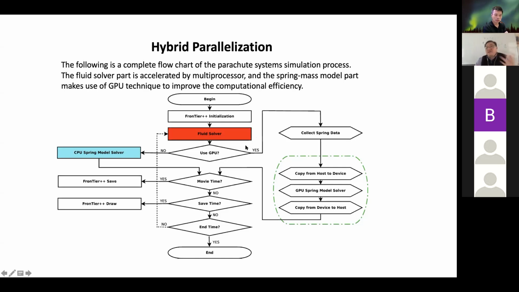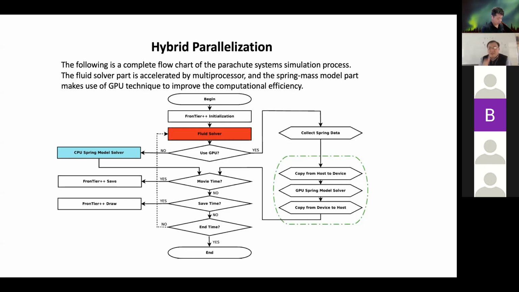So the idea is the following. For each time step, you collect the pieces of the canopy from every processor into the master processor. The master processor is going to connect the spring mass solver to the GPU, so the GPU will get a very quick vectorized computation.